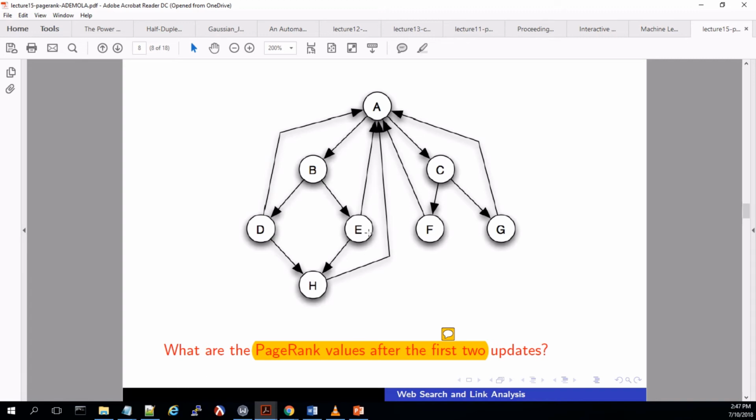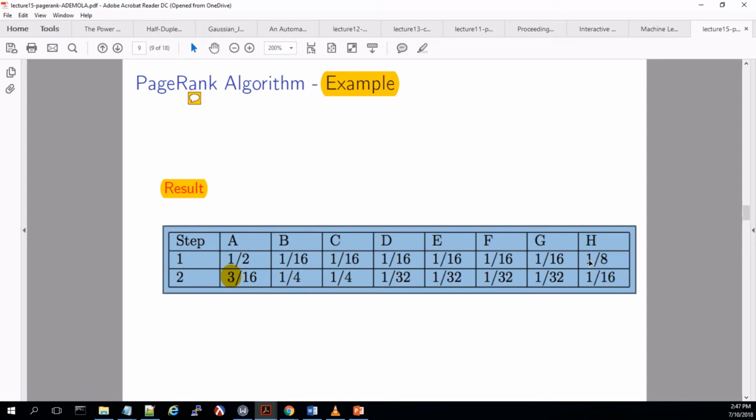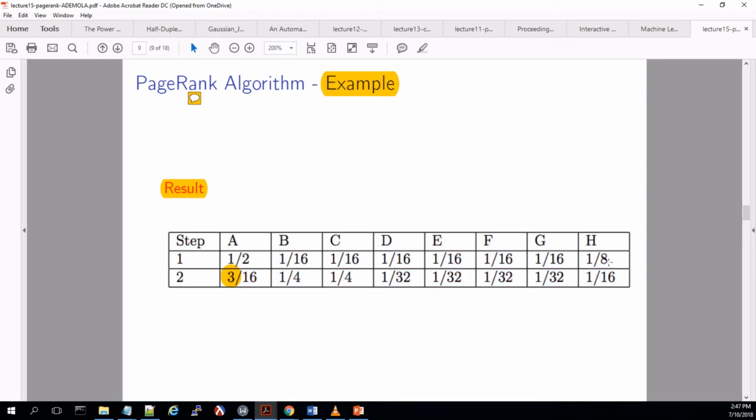Then you look at this E, you also have 1/8, and E is pointing out to what? To 2. As you can see, there is 1/16. Okay, so it will be 1/16 plus 1/16, and that will give you 2/16, which is 1/8. That's how we have 1/8 here for H.